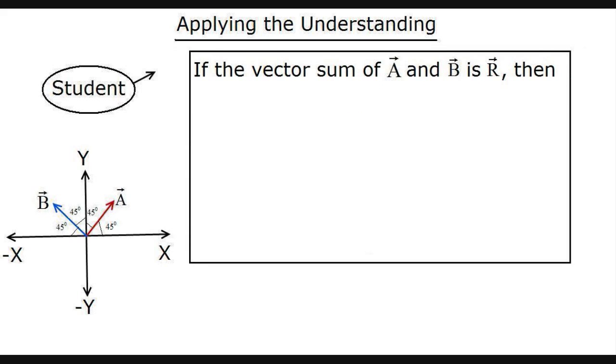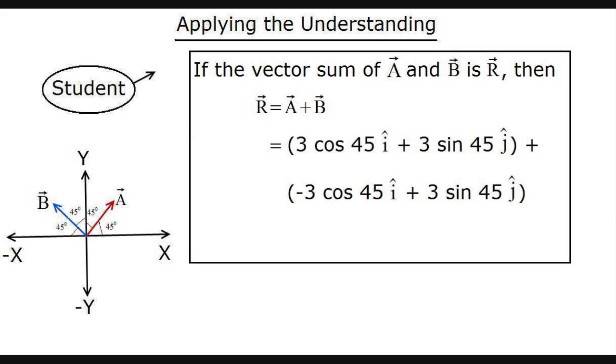If the vector sum of a bar and b bar is r bar, then r bar is equal to a bar plus b bar, which is equal to 3 cos 45 times i hat plus 3 sin 45 times j hat plus minus 3 cos 45 times i hat plus 3 sin 45 times j hat, which is equal to 6 sin 45 times j hat.